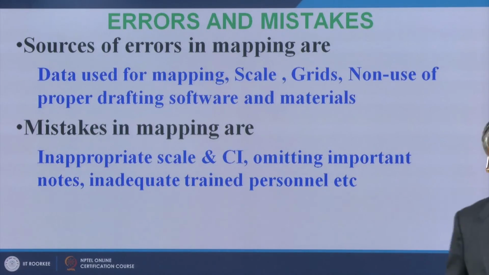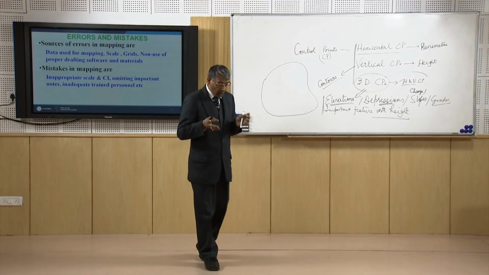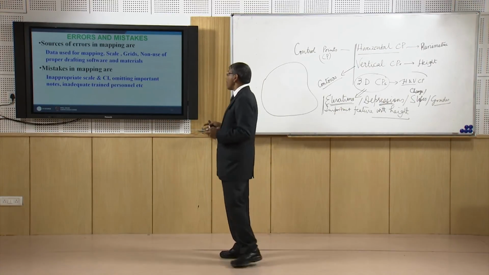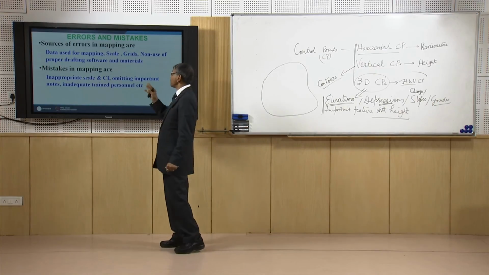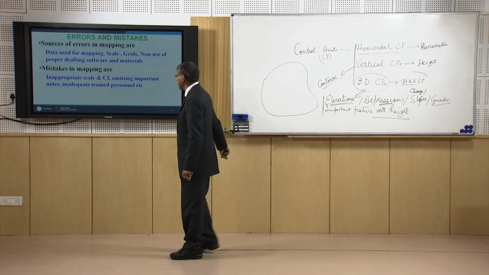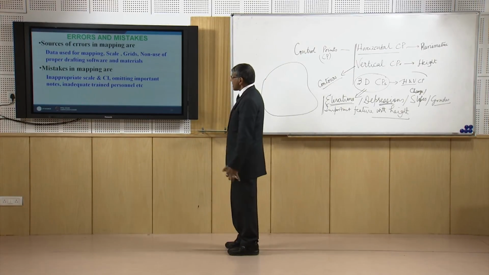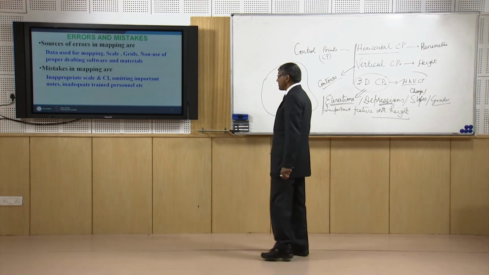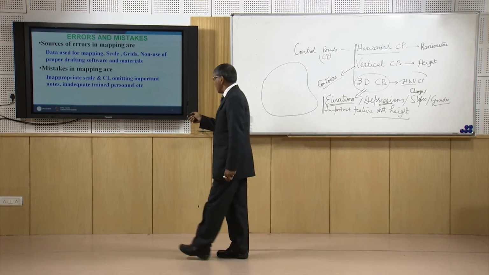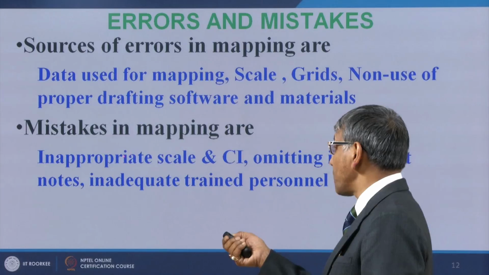So before we start mapping, we should always ensure that we are using proper drafting software as well as proper material. There is also scope for mistakes in carrying out the mapping, as sometimes we may not be judicious enough to use an appropriate scale.